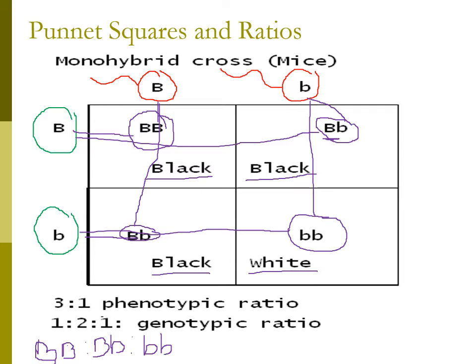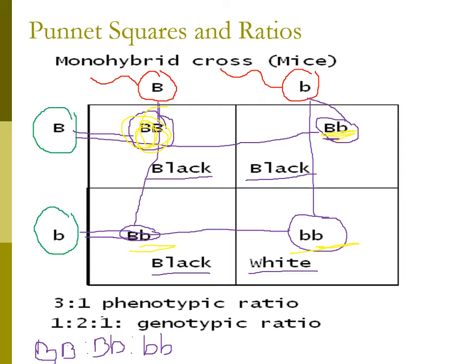So when we're looking at our ratio here, I have 1 big B, big B kid. That's the 1. Big B, little b, I have 2, so there's right there and right there, 2 kids. And then little b, little b, I have 1 right there. So it's a 1 to 2 to 1 ratio. So as a scientist, when I see these numbers, I know exactly what that means. That means I have 1 big B big B, 2 big B little b's, and 1 little b little b.